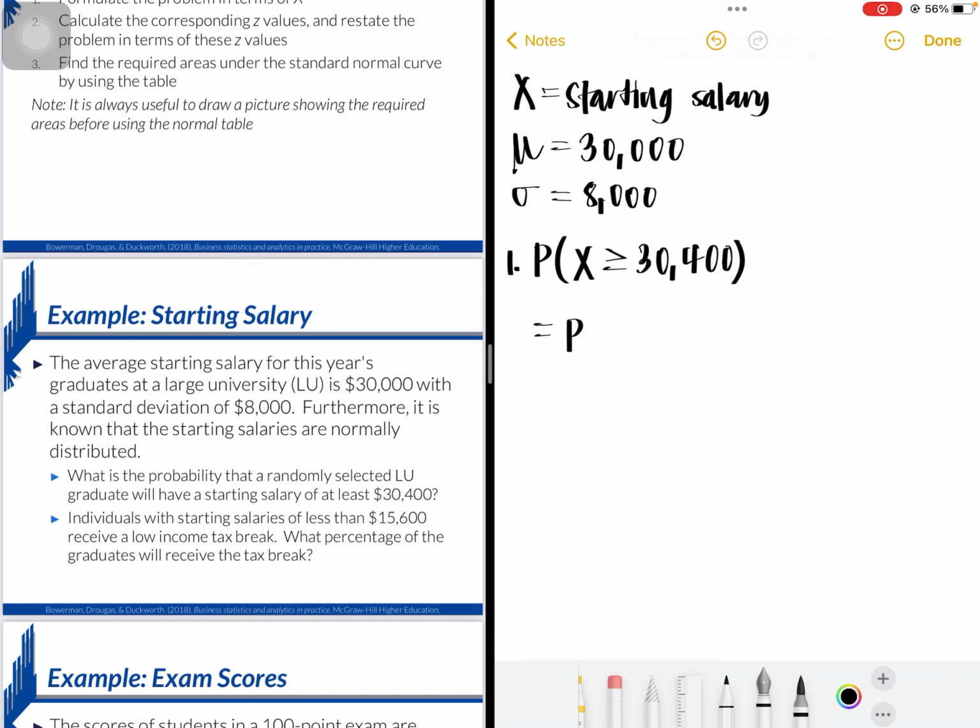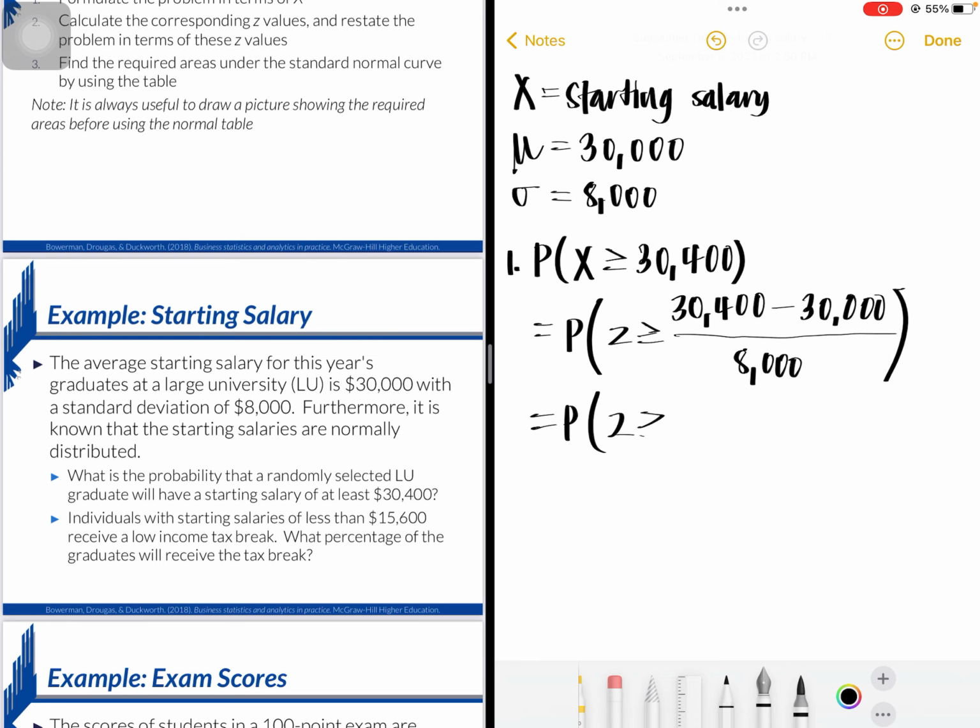To convert x to z, we use the simple formula z is equal to x minus mu over sigma. So in this case, we convert 30,400 to z by subtracting from 30,400 the mean, which is 30,000, and then dividing that by the standard deviation of 8,000.